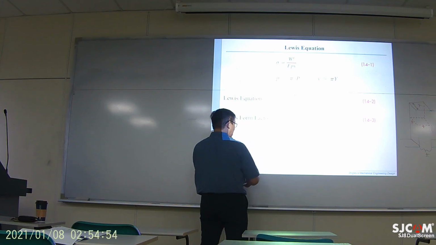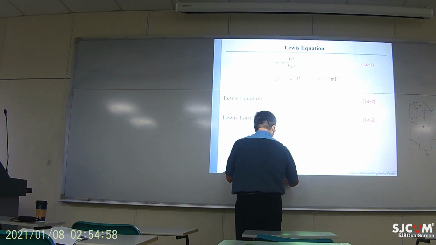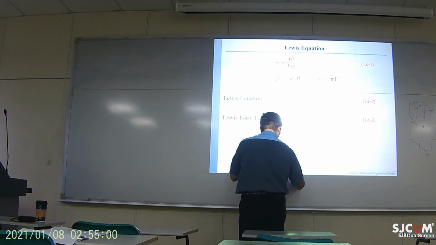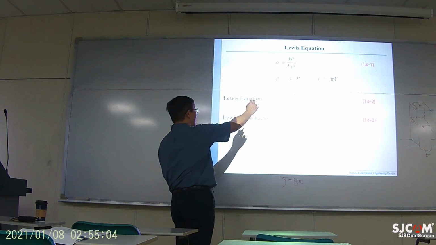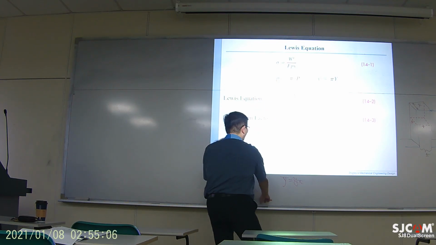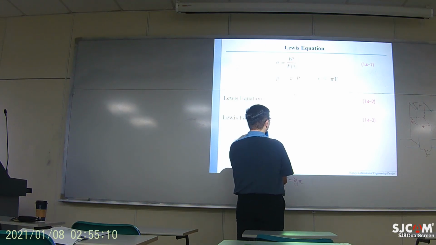You can cross out some of the terms on both sides, then you have big Y equals small y times pi. Wrong. Something's wrong again. Where did I go wrong?